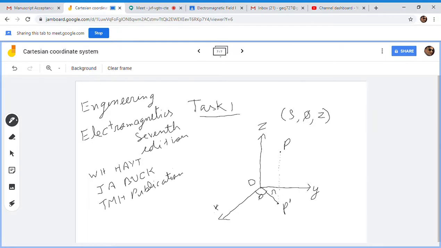Now people are making a mistake. What have they done? They have taken this as an arc, and then they are saying that this is x, this is y.